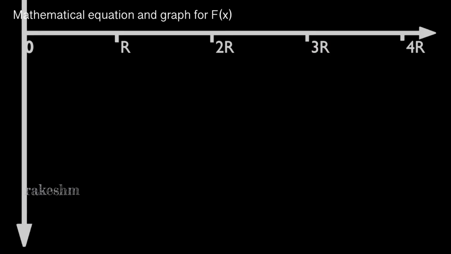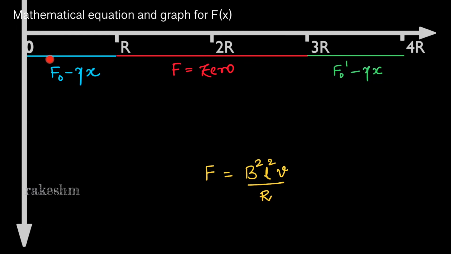Next, let us have a look at the mathematical equation and graph for F of x. We have discussed that F equals B square L square v by R, and from this equation we can see that the force also will have a similar profile as that of the velocity of the loop. So from 0 to R, F0 minus gamma x. From R to 3R, the force on the loop is 0. And from 3R to 4R, it will be F0 dash minus gamma x.